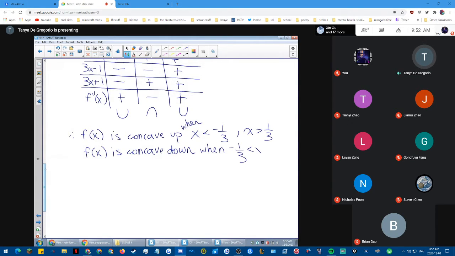When x is between... Notice no equal sign here, okay guys? So we have 2 POIs, one at negative 1/3 and 3/4, and the other one at positive 1.